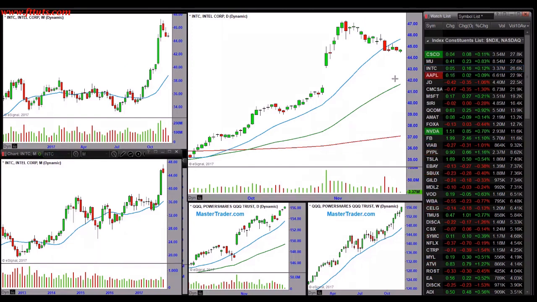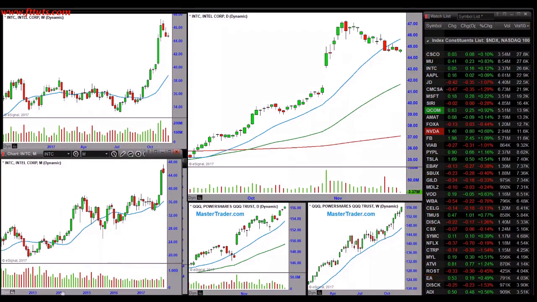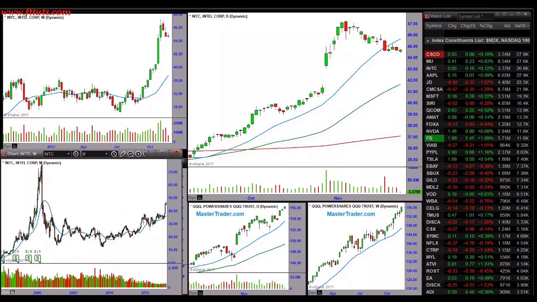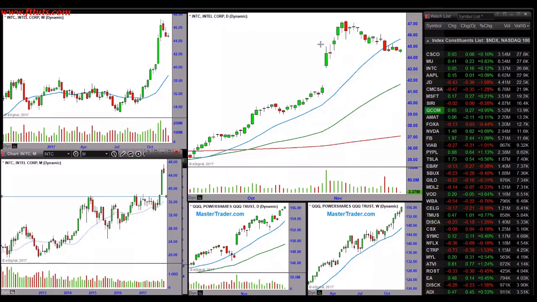Now, Intel is interesting, because it's another monthly chart that has room to go higher, and it has broken out of a range, broken out of this consolidation and this huge bottom over the course of several years, and it's correcting here. And while it's under the 20 MA, that's very okay.